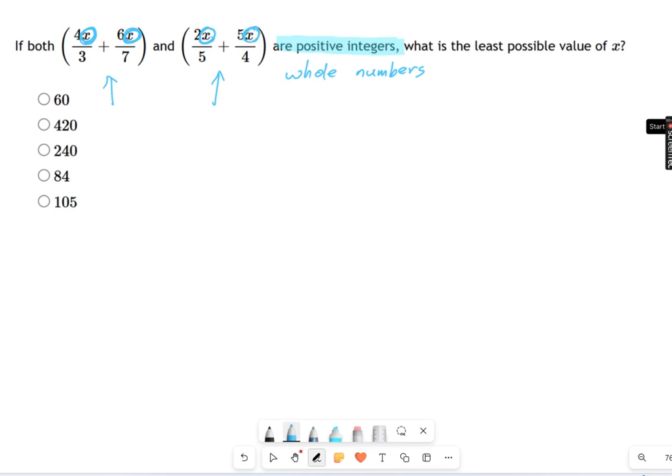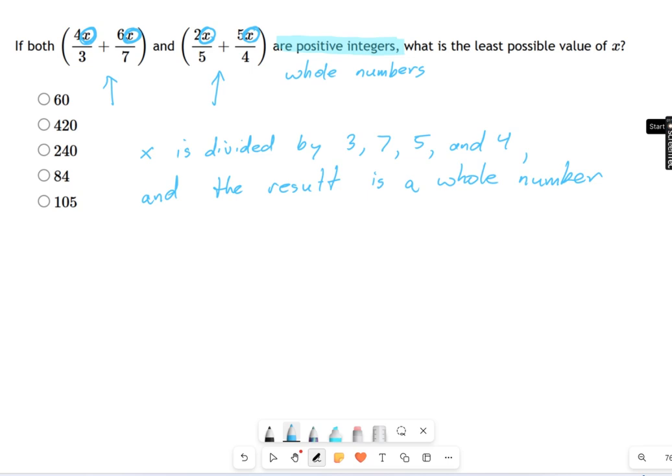So in other words, x is divided by 3, 7, 5, and 4, and the result is a whole number.